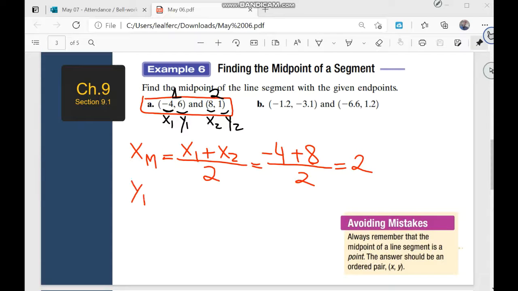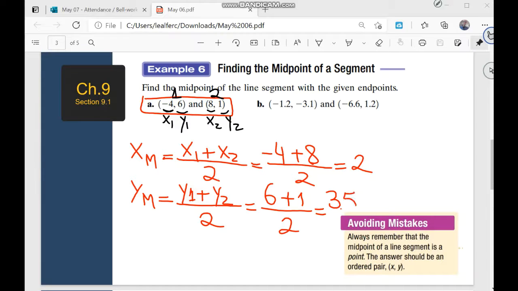And y of the midpoint equals y1 plus y2 divided by 2 as well. It's halfway, so midpoint: divide everything by 2. y1 is 6, y2 is 1, 6 plus 1 divided by 2 is 7 divided by 2, 3.5 is the right answer.